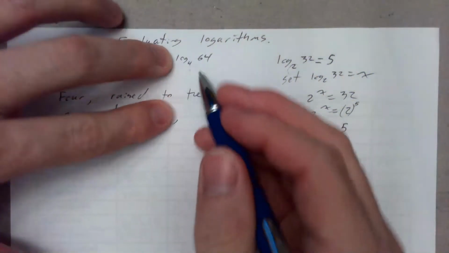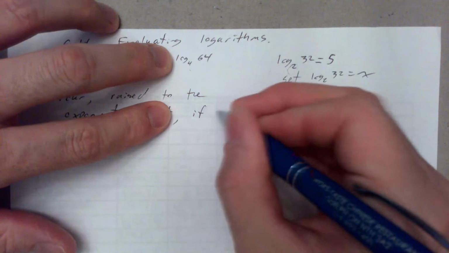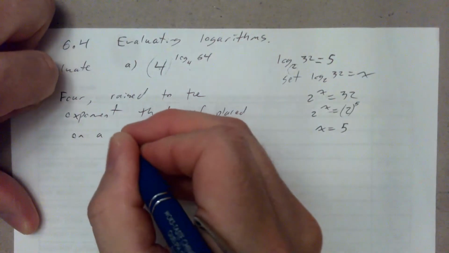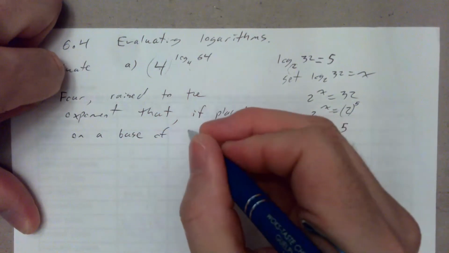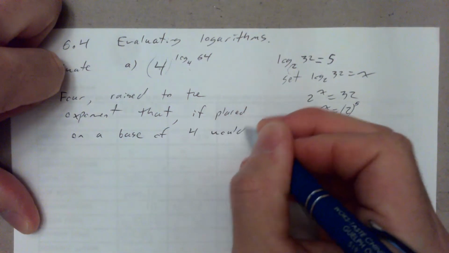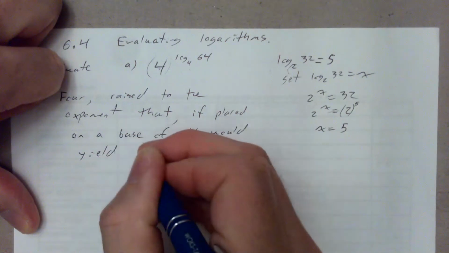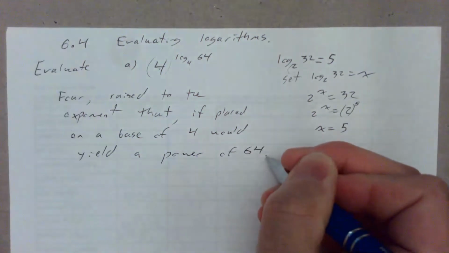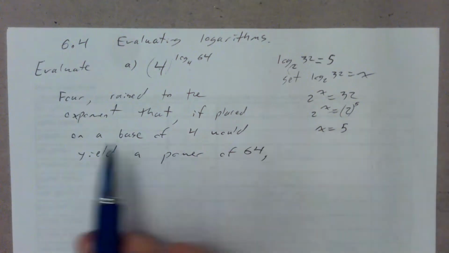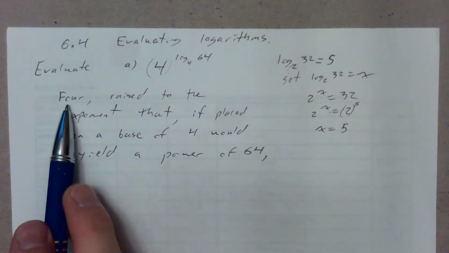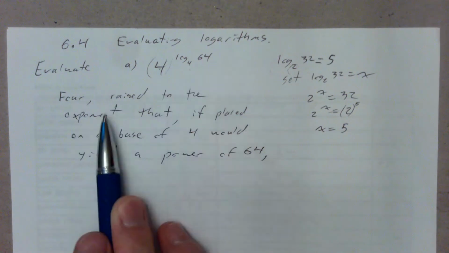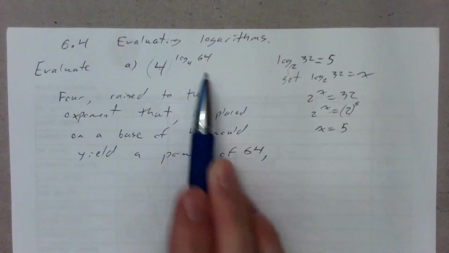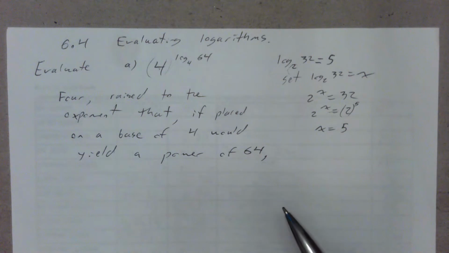So that right there is the exponent that, if it's placed on a base of 4, would yield a power of 64. So try reading this in English, because we're not quite done yet. 4 raised to the exponent that you would place on a base of 4 to receive the power 64 is going to give you 64, right?